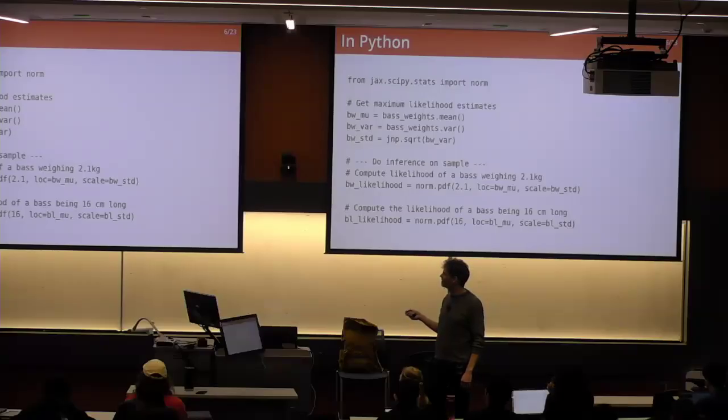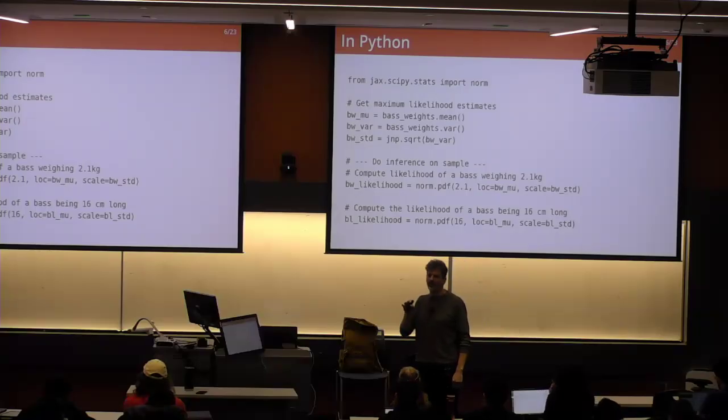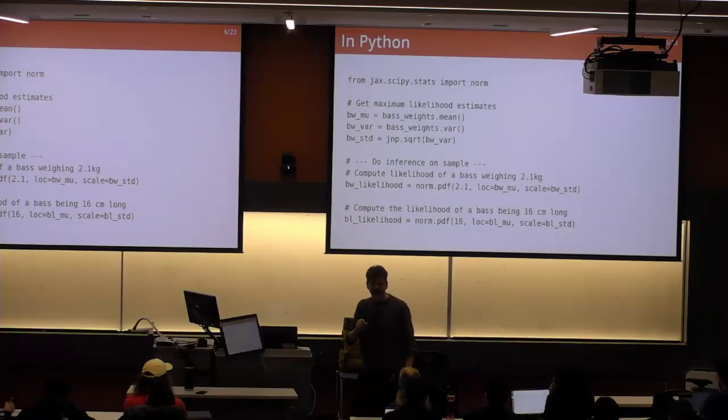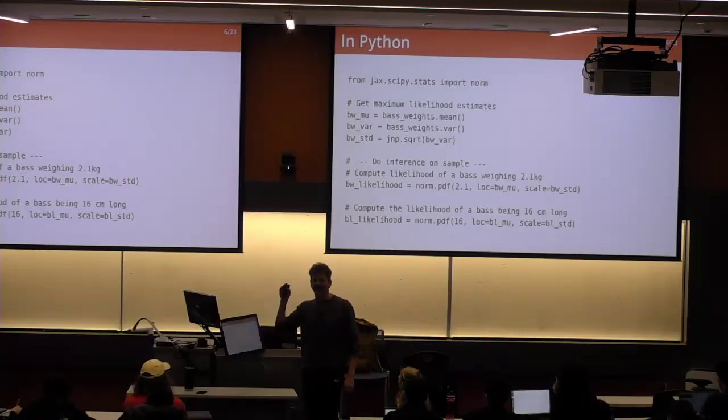Of course, if I'm using the PDF call on the normal library, the scale is actually the standard deviation. So you always have to take the square root before you do this. This is something that we like to screw up a lot: we'll compute the variance and then forget to take the square root before we use it as the standard deviation. As you might imagine, this has disastrous consequences.